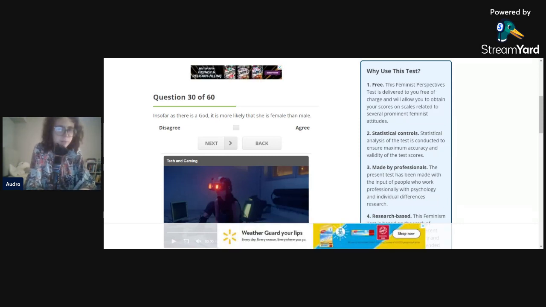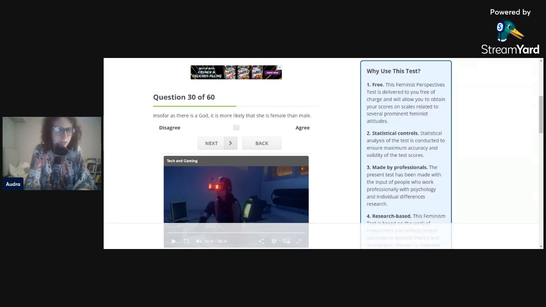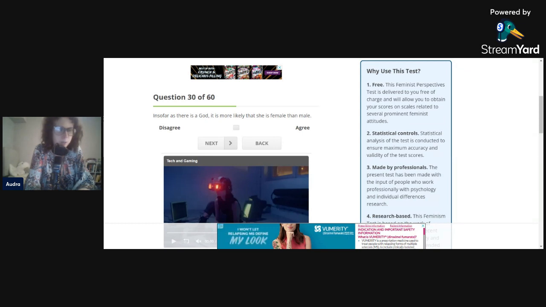I would put strongly disagree because I don't believe in God, but I don't want the test to interpret that as me thinking God is more likely to be male or female. I don't believe God exists, so I don't believe God is either. And if a higher power does exist, the idea that they'd be a male or a female or a man or a woman makes no sense to me.